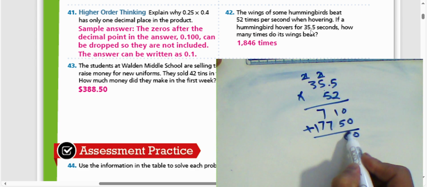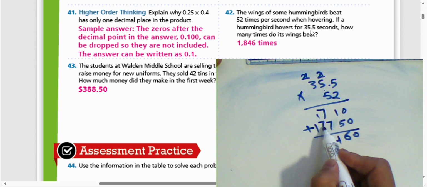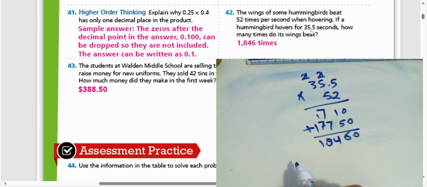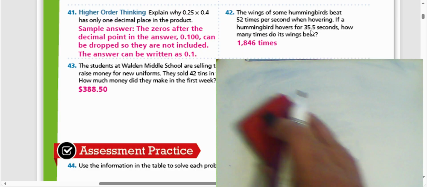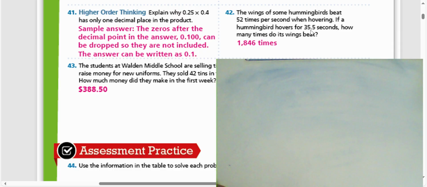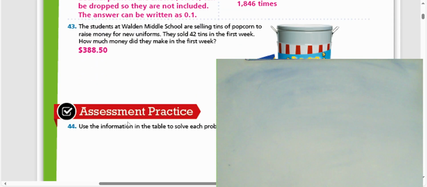Then we add together: 7 plus 7 is 14, write 4 and carry 1, 7 plus 1 is 8. Then the result will be what? Here is a point after 1 place, put this point. So the result will be 1846. Okay.